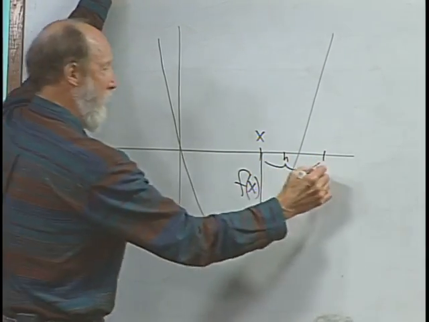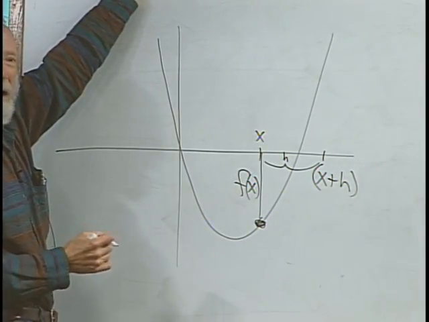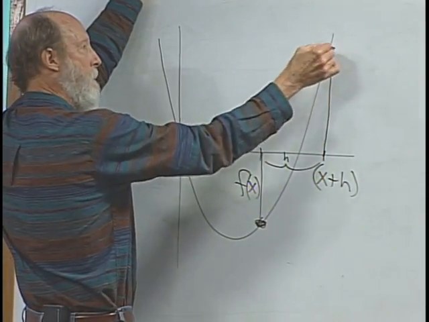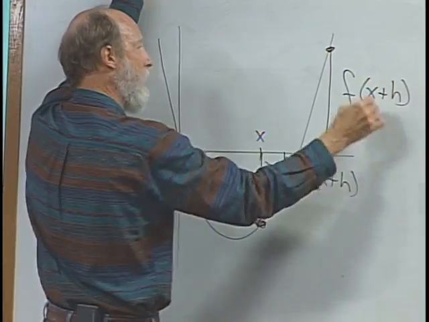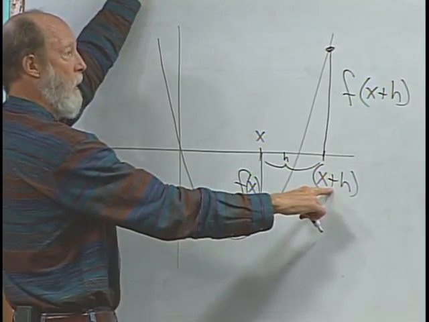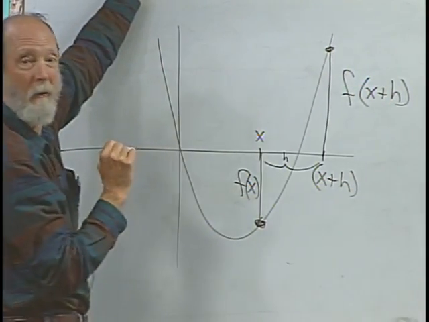This would be location x plus h, wouldn't it? And what's the height of the function at this location? Isn't that f of x plus h in height? If I use this input, isn't this the height? This is the y value right there.